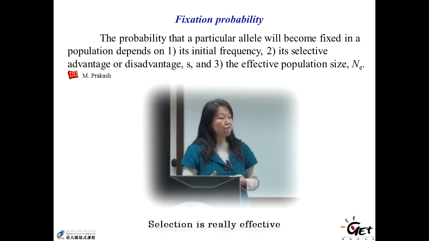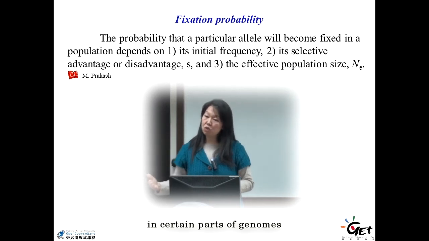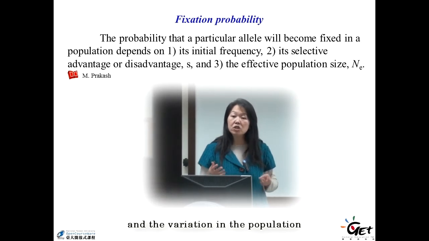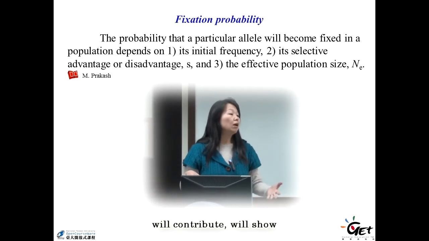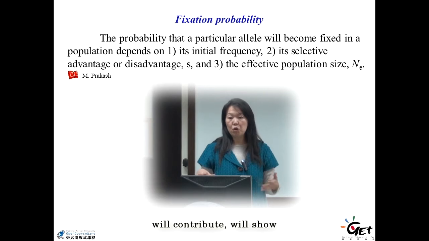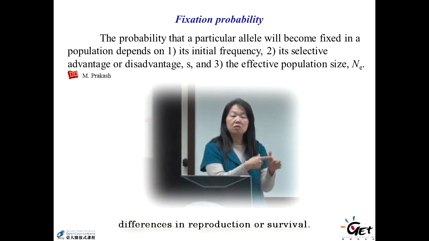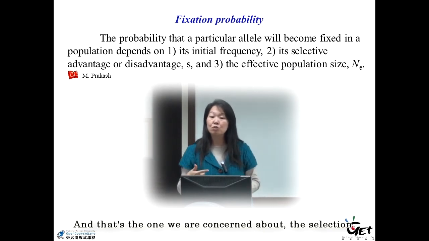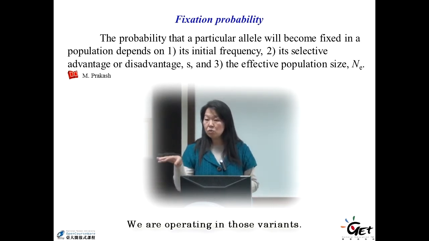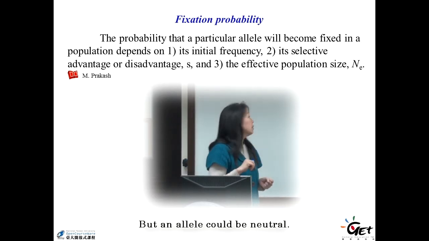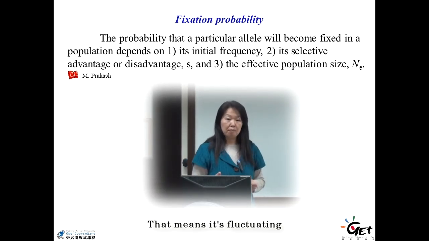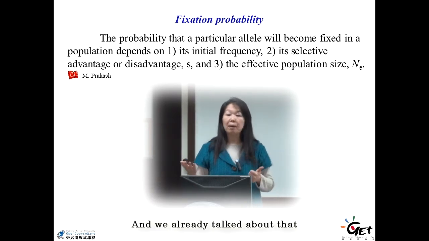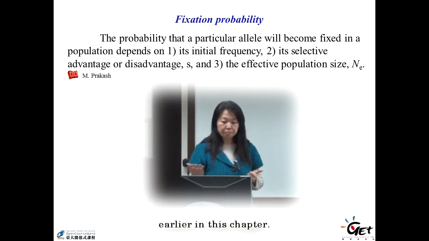Selection is really effective in certain parts of the genome, where the gene has a phenotype and the variation in the population shows differences in reproduction or survival. That's the selection we are concerned about, operating on those variants. But an allele could be neutral. That means it fluctuates in the population by chance, and we already talked about that earlier in this chapter.